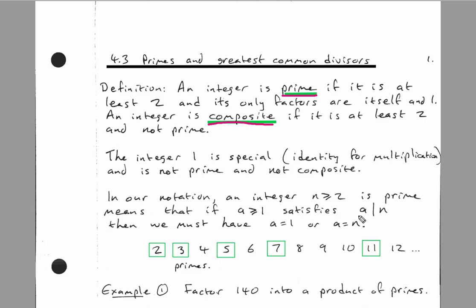Using our divides notation, remember A divides N is written like this. It just means A is a factor of N. So for any integer n greater than or equal to 2, to be prime means that if any positive integer A divides n, then that A has to be 1 or n itself.